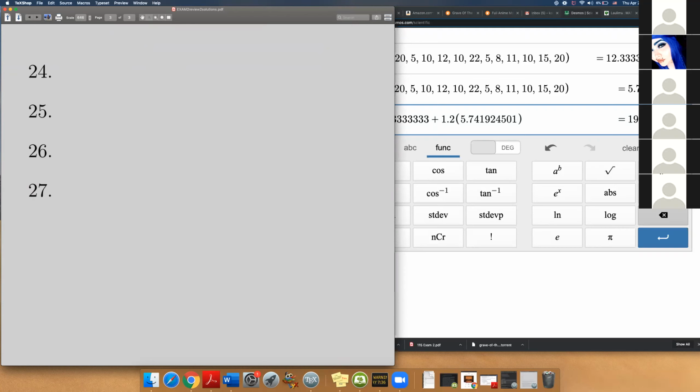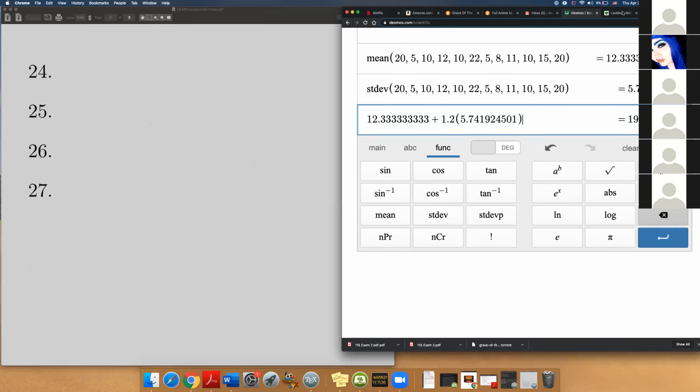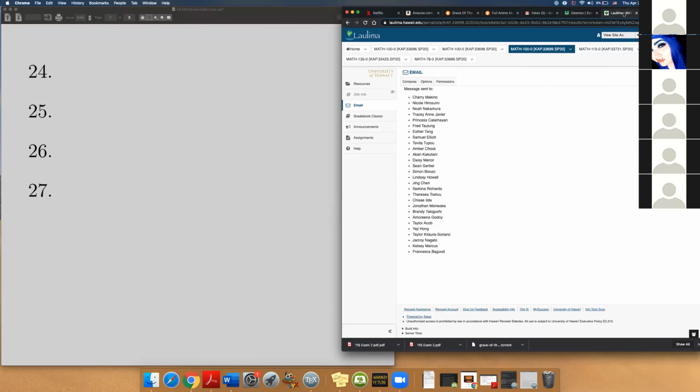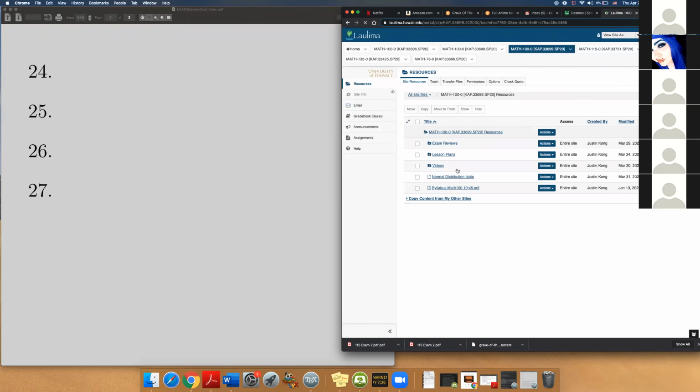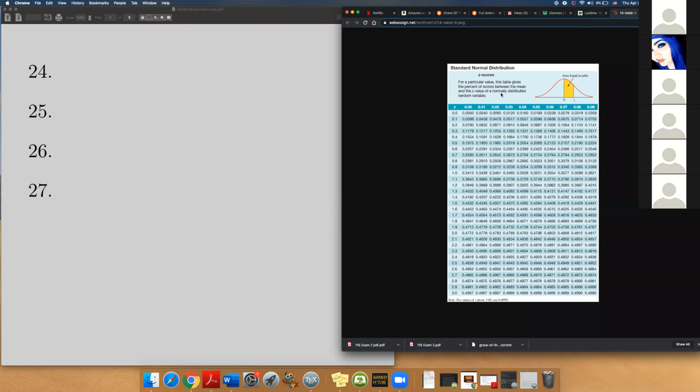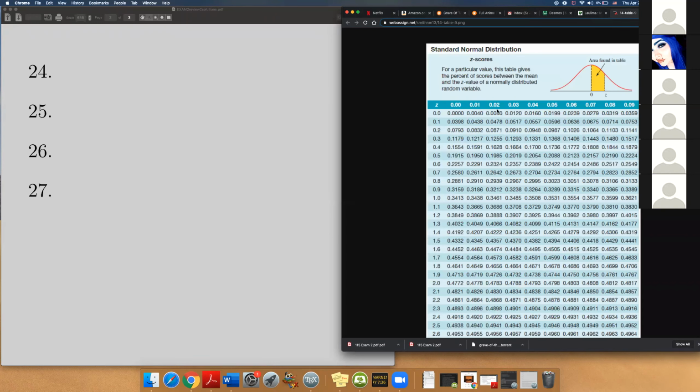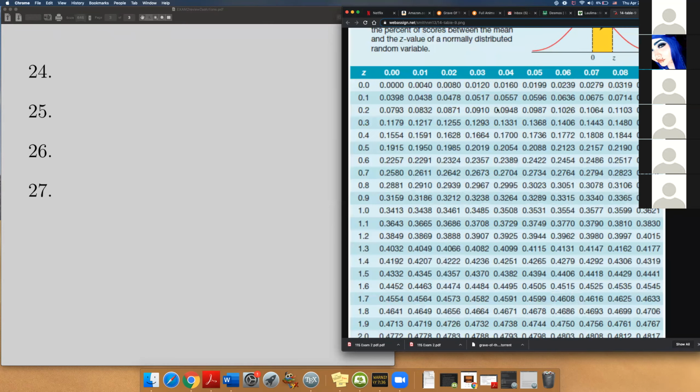All right, 24. You guys ready? Yes. Okay. So 24 and 25, 26, this is where we're using the standard distribution table. In case you lost it, just go back to resources on the Laulima page and look at the normal distribution table. Or the questions usually have a link to it if it's asking you to use it. The first one is asking for a z-score of 1.35.